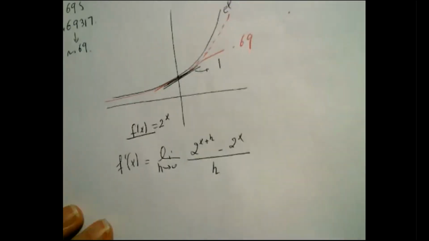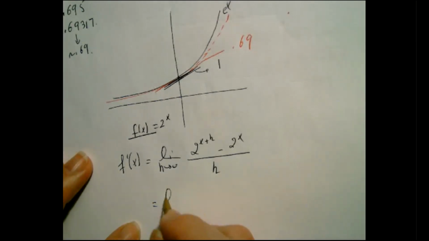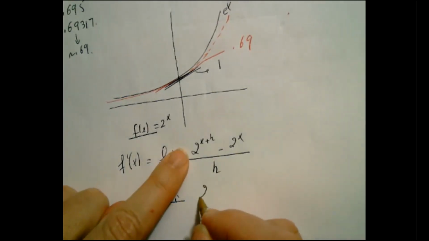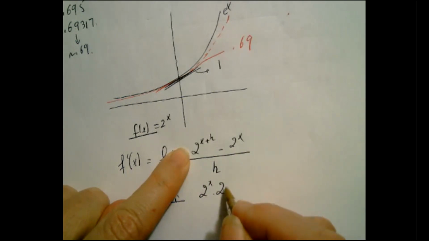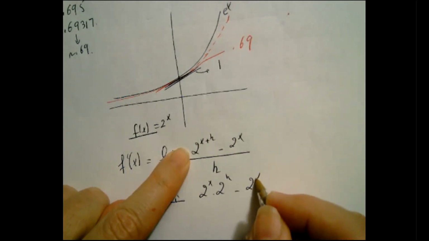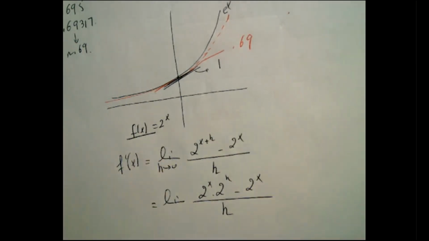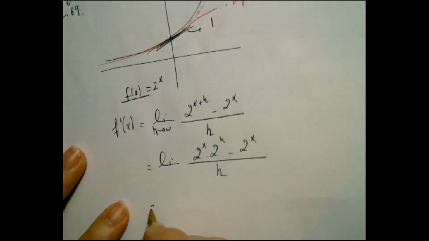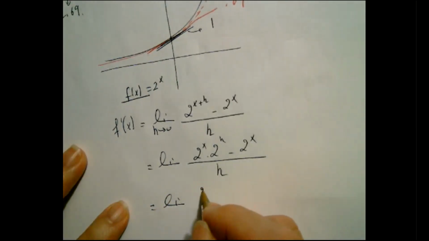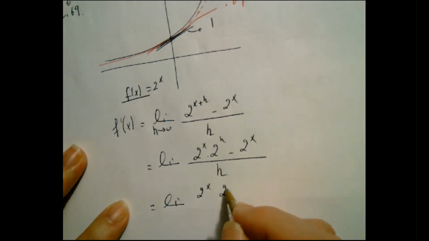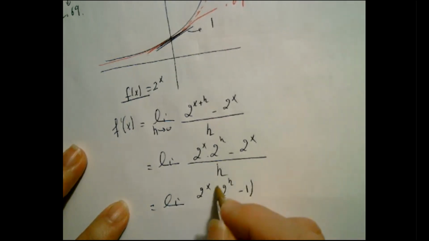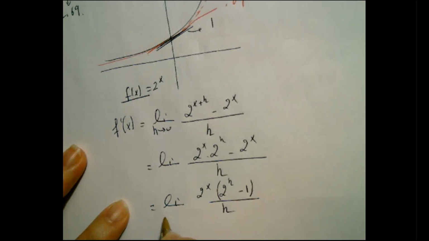And I do what I did before. I took this and I used the law of exponent to write it this way. And this will give me the following. I factored out 2 to the x. I was left with that divided by h as h goes to 0.